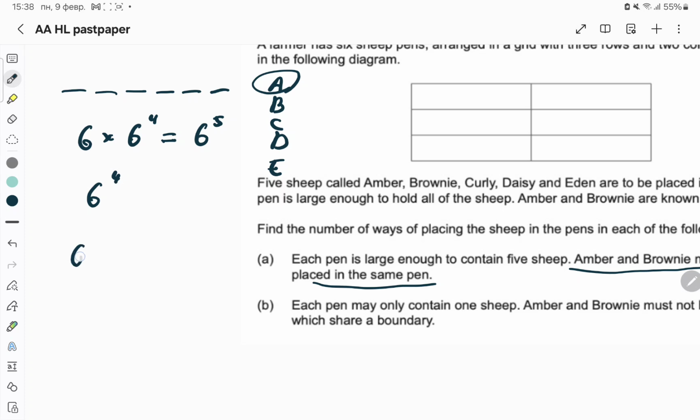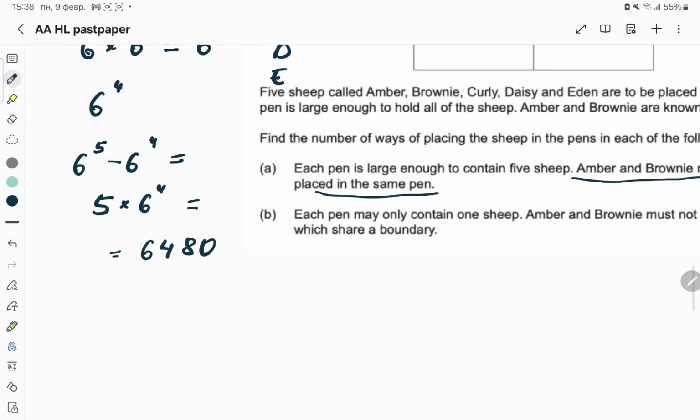So that is why 6 to the 5 minus 6 to the 4 is the total number of ways possible. So it's actually 5 times 6 to the 4. Or if we calculate, it is 6,480. So it is part A.